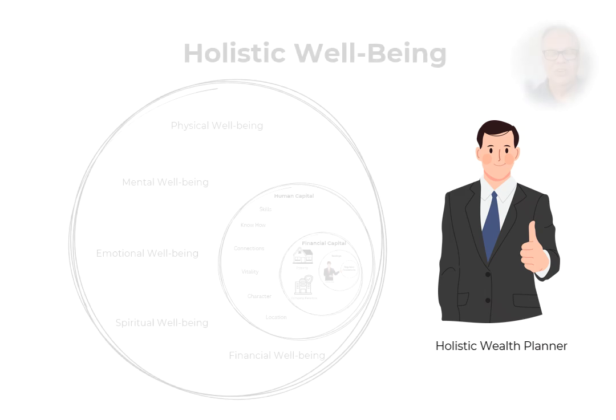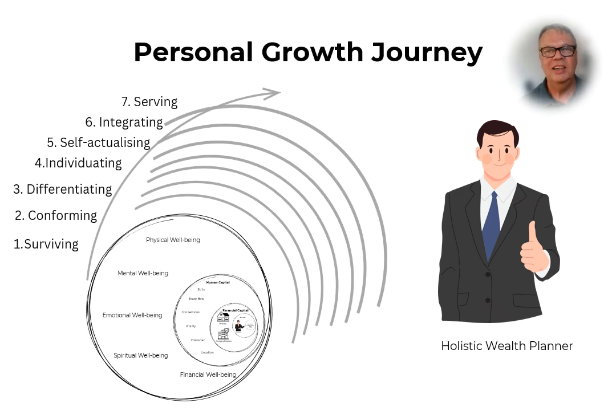So what are the other skills that we work with the Academy members is teaching them about how to be a personal growth coach with the client, because you can take a snapshot of where the client is now in their personal growth journey, and it could be any of the 7 stages of the Abraham Maslow hierarchy of needs that they find themselves at.